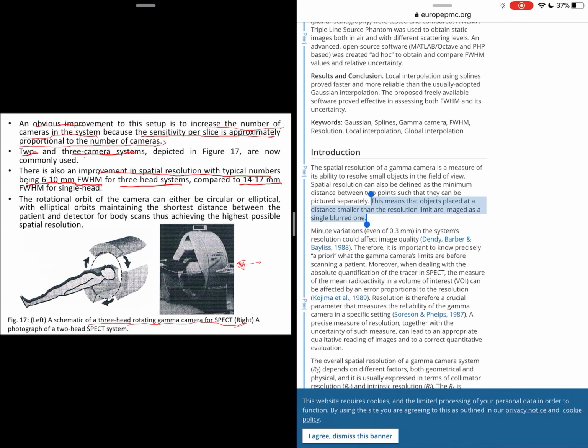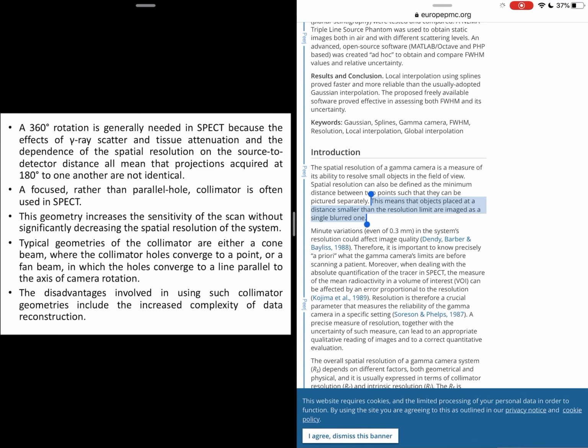There is also an improvement in spatial resolution, with typical numbers being 6 to 10 millimeters FWHM for 3-head systems, compared to 11 to 14 millimeters for the single head. Okay. So the rotational orbit of the camera can either be circular or elliptical. With elliptical orbits, we maintain the shortest distance between the patient and detector for body scans, and thus achieve the highest possible spatial resolution.